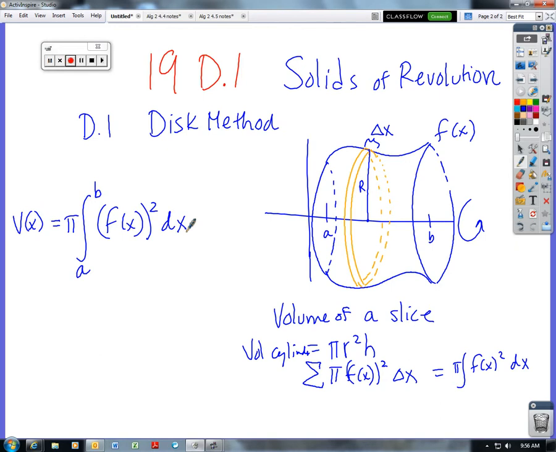And that's the disk method. You might also see it written, like in the AP Calc book, as pi times the integral of r squared dx, r for the radius. The IB book also writes it, I have to look. They use y squared, which makes sense: from a to b of y squared dx. So those are all the same thing. Okay, well, let's do one of these problems.